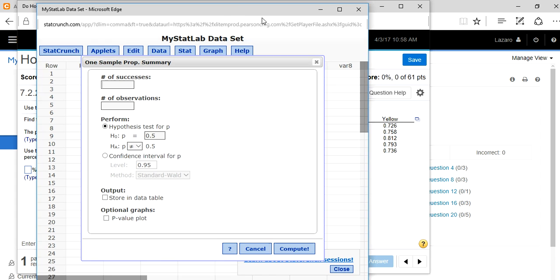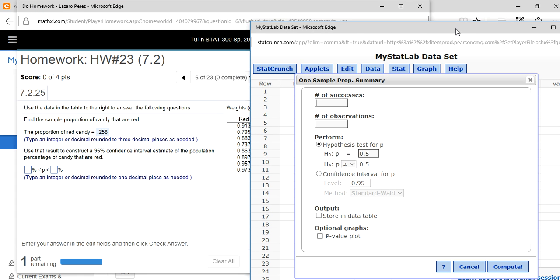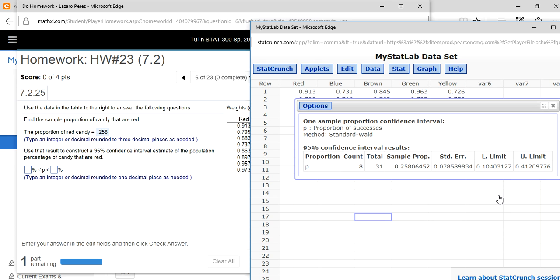All right, so the next part, we're just gonna fill everything in. So the number of successes: those 8 red candies out of the total of 31. Always click confidence interval, and they say 95%. Compute. All right, so here's our answer.